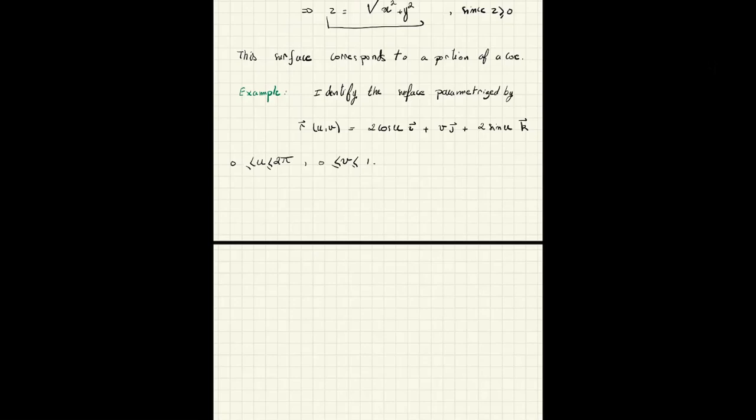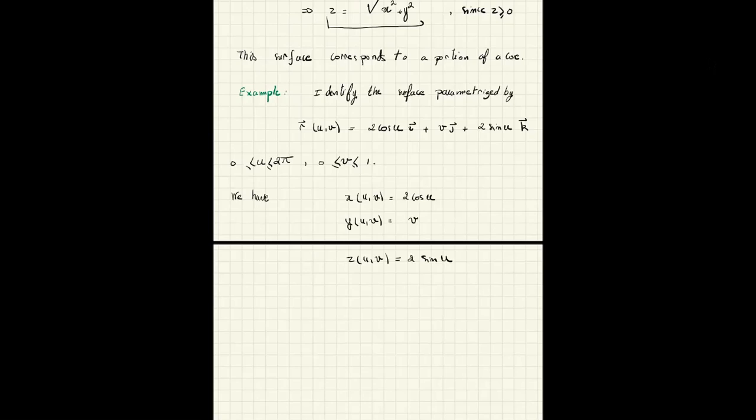So we have x(u,v) is equal to 2 cos u. y(u,v) is equal to v. And then we have z(u,v) is equal to 2 sine u.